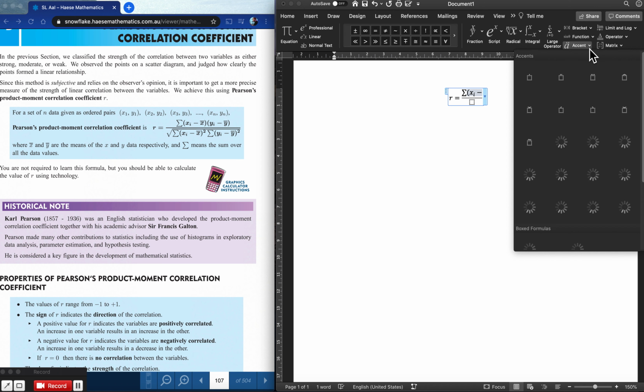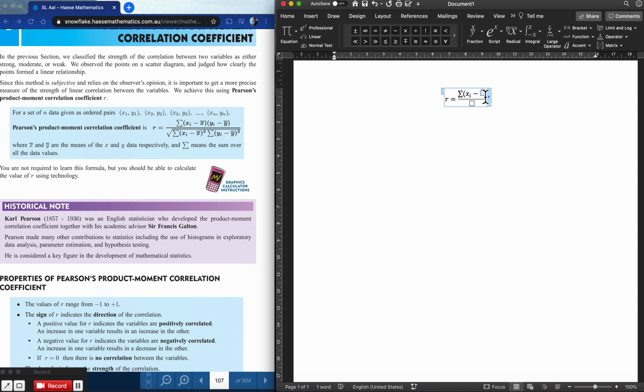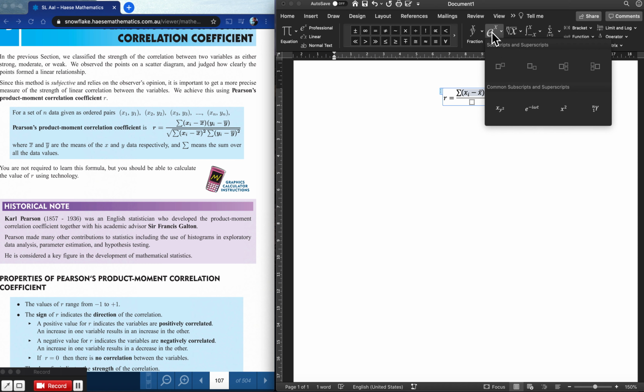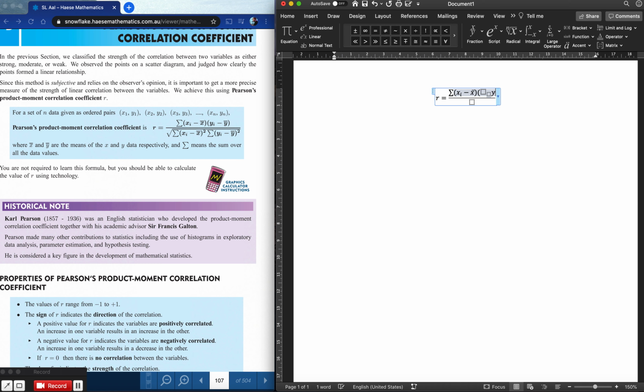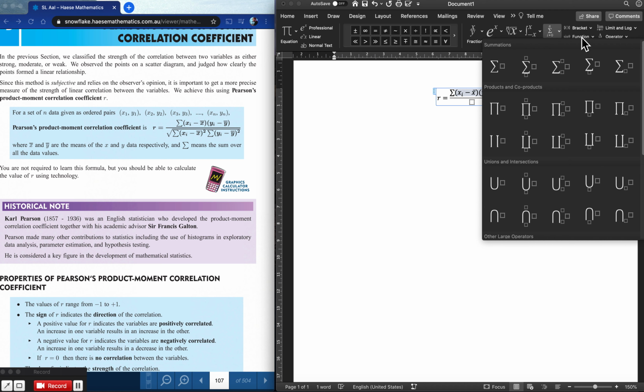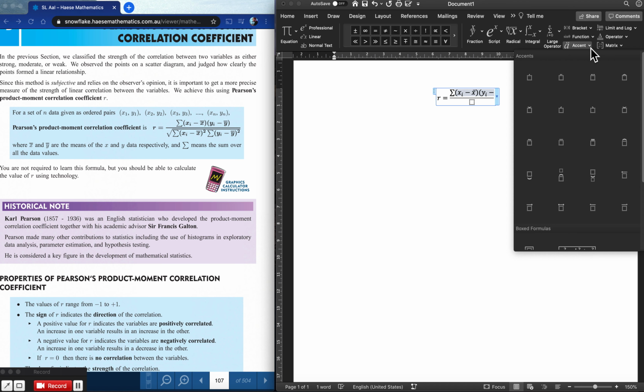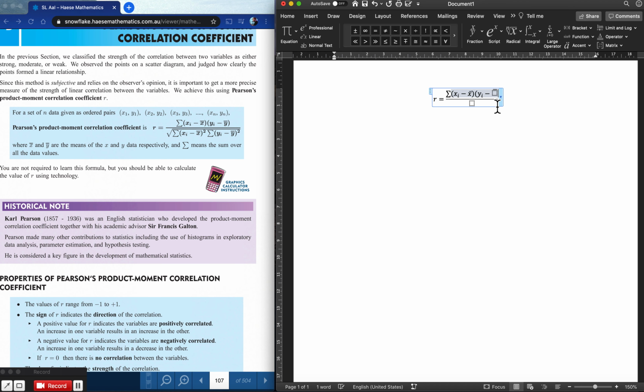So one of the accents here is this one, x bar. Okay, times, same process again. Oops, sorry. So y i minus y bar. So the mistake here is on the accent. So y bar, close the parenthesis.